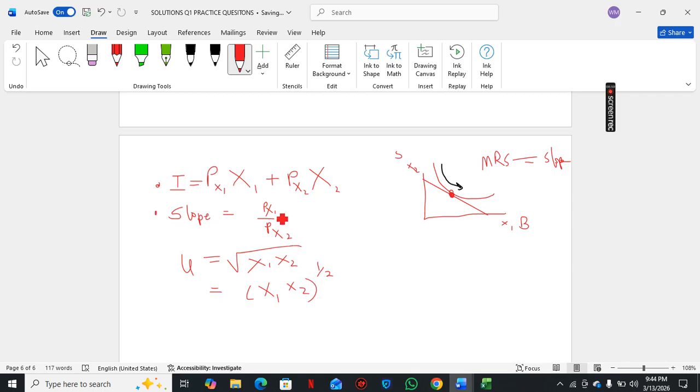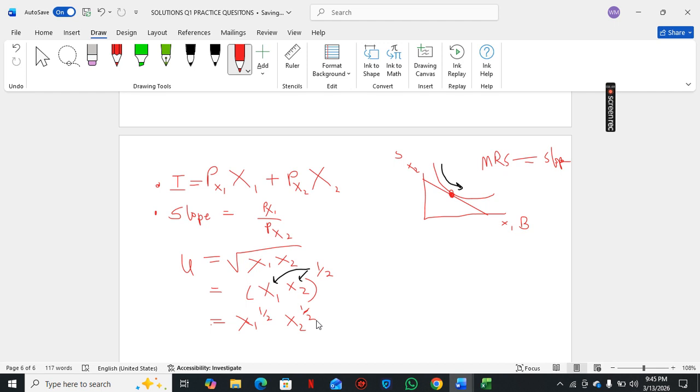Then after you do that, distribute this half power to each term: X1 to the power half, X2 to the power half. Any questions before I move further?